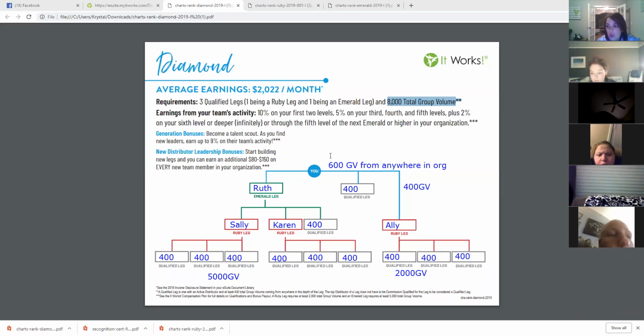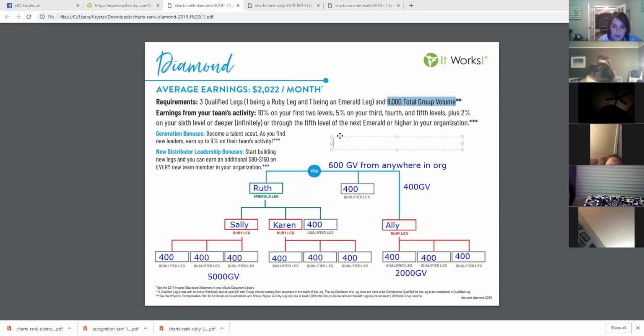Also, if you are going, now this is very important, guys, okay? If you are going after Diamond and it's in a bonus season, you have to have $150 in PCV. This is a new term, so this is personal customer volume from 2019 distributors in 1 month. So I'm going to write this down and then I'm going to explain what that means, okay?